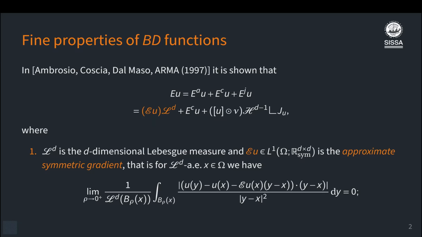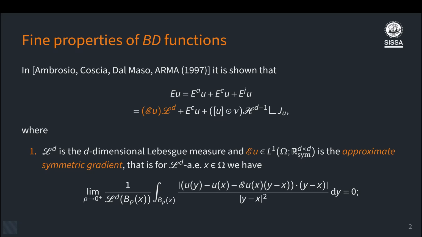Just because if you take a composition on the left with a smooth function, you don't control it. It's not only that you don't control it, but your BD function composed on the left with a smooth function might not be BD. So it's an operation that's forbidden because you immediately exit the space, unless the function you compose with is affine. Oh, and so that's why you do this slicing.